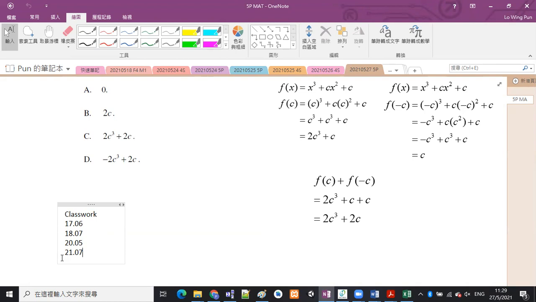So we have 17.06. Because 17.06 can be slightly easier than 18, we will start with this first.